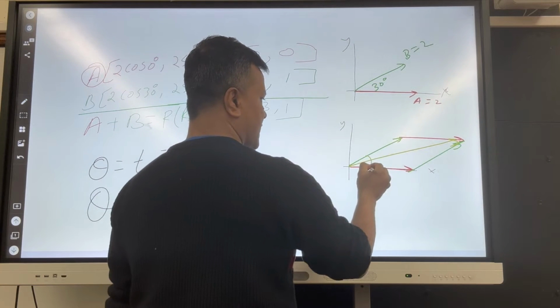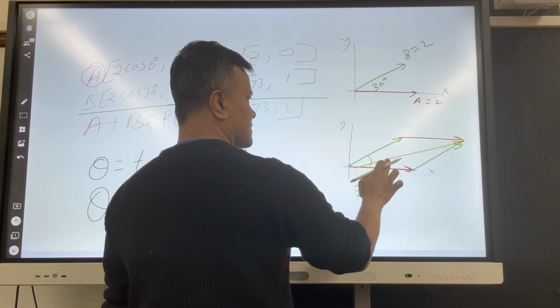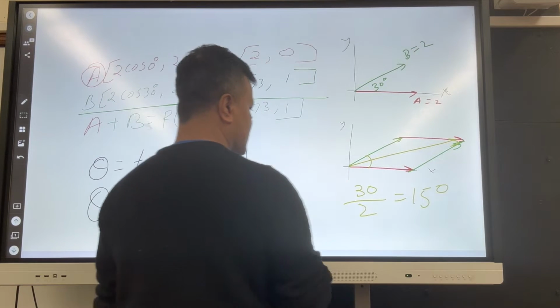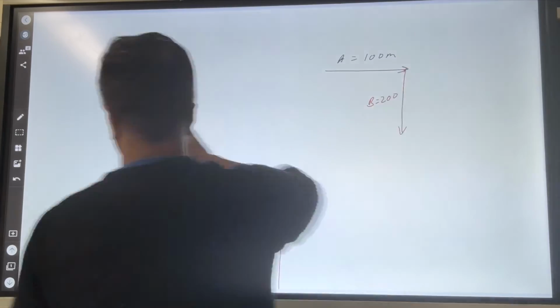So if the angle between the two vectors is 30, the resultant cuts the parallelogram in half. So then the resultant vector is at 15 degrees.